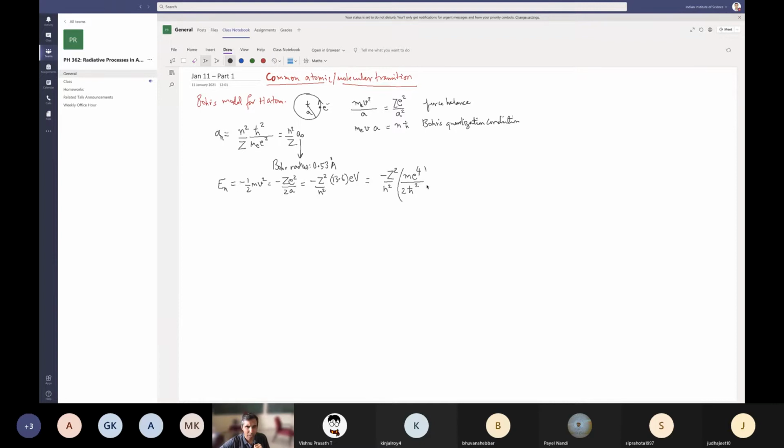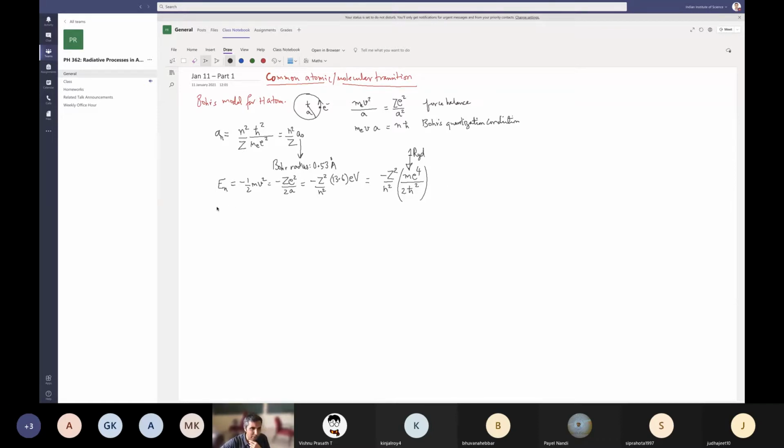This is one Rydberg, the energy of the n equal to 1 Bohr orbit of an electron around a proton.